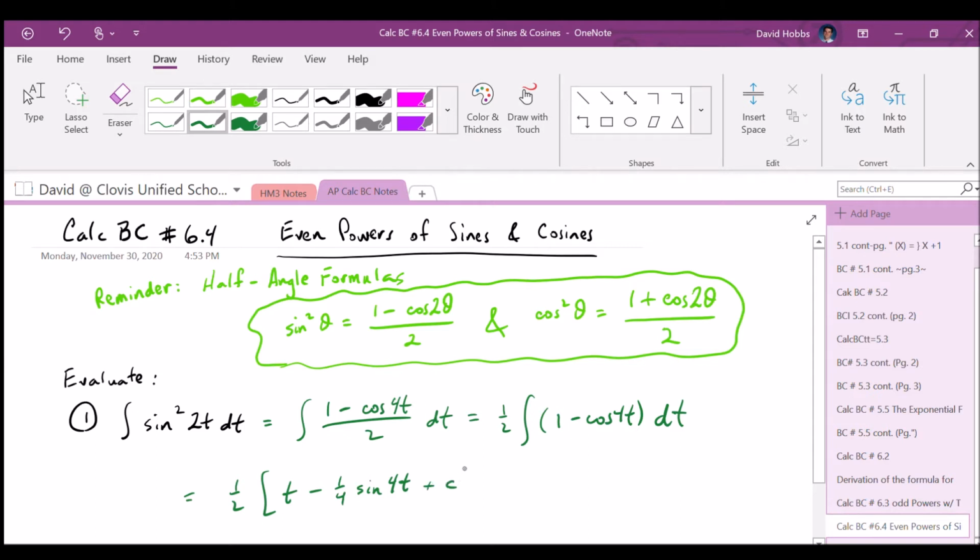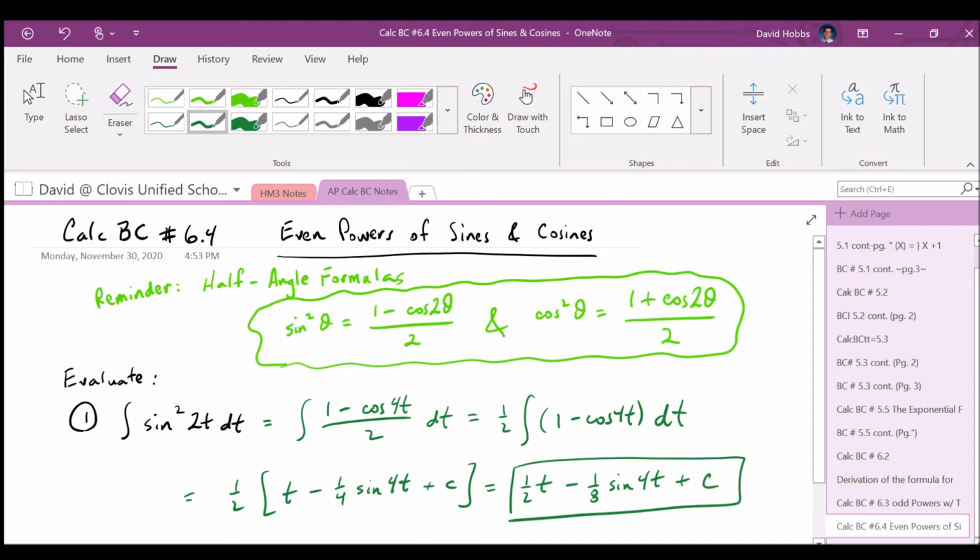Okay, plus c. It's an indefinite integral, so don't forget that. And if I go ahead and distribute the 1/2, I've got 1/2 t, minus 1/8 sine of 4t, plus 1/2 times c, which is still a constant. Okay, and so there's that one.